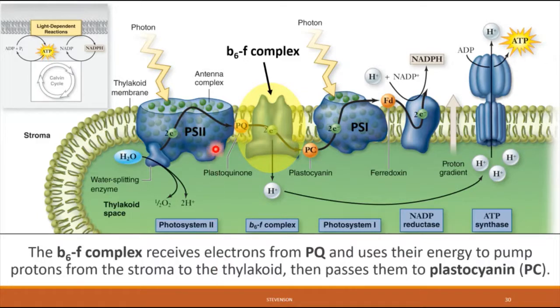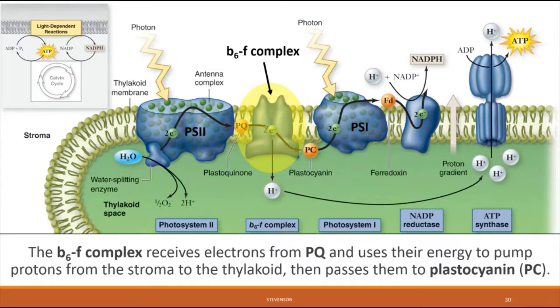So once the electrons move to plastoquinone, plastoquinone shuttles them to the B6F complex right here, and it uses the energy of these electrons to pump protons, or in other words, hydrogen ions, from the stroma into the interior of this thylakoid disc.